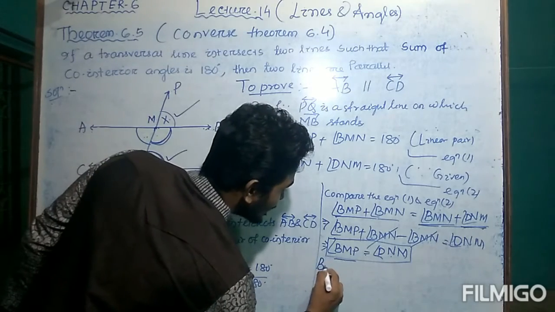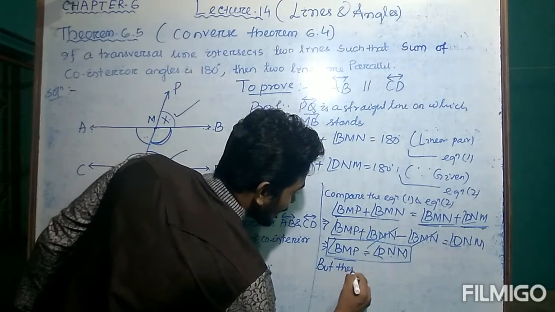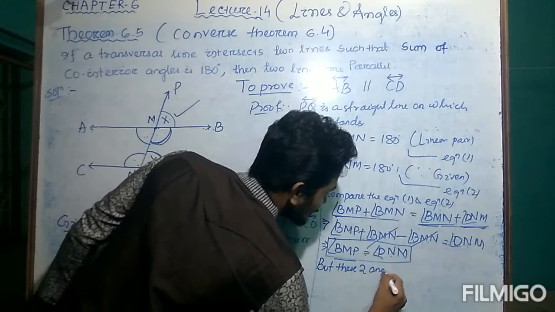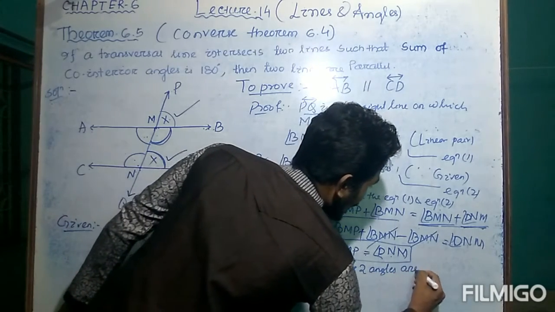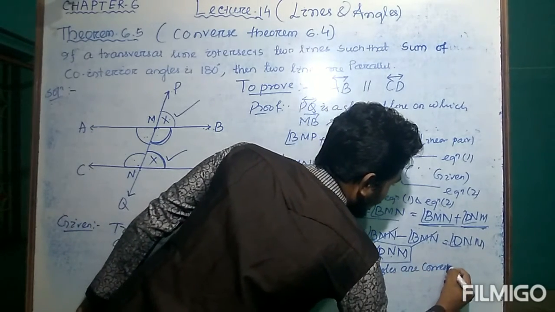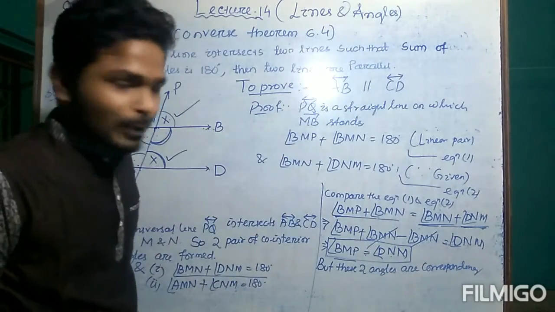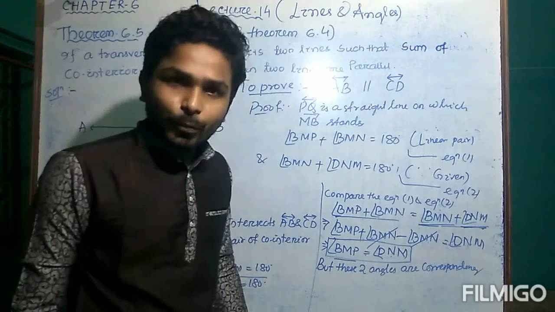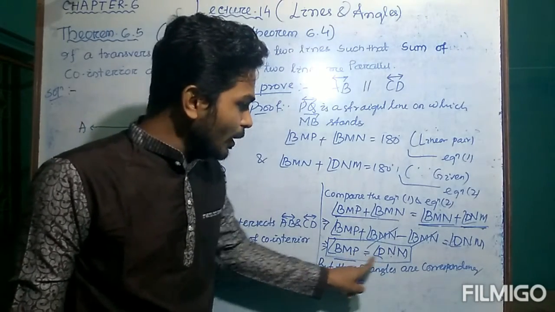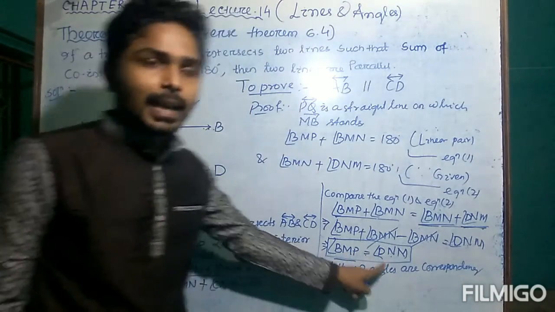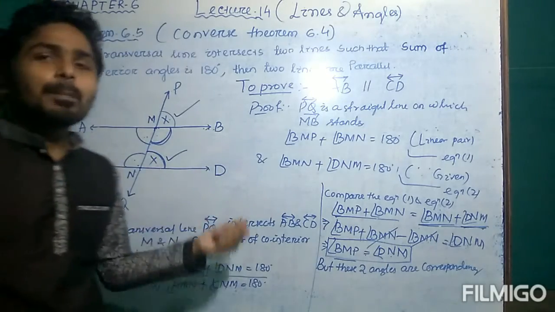But these two angles are corresponding, right? And according to the axiom number 6.4, if any two corresponding angles are equal, then the two lines are parallel.